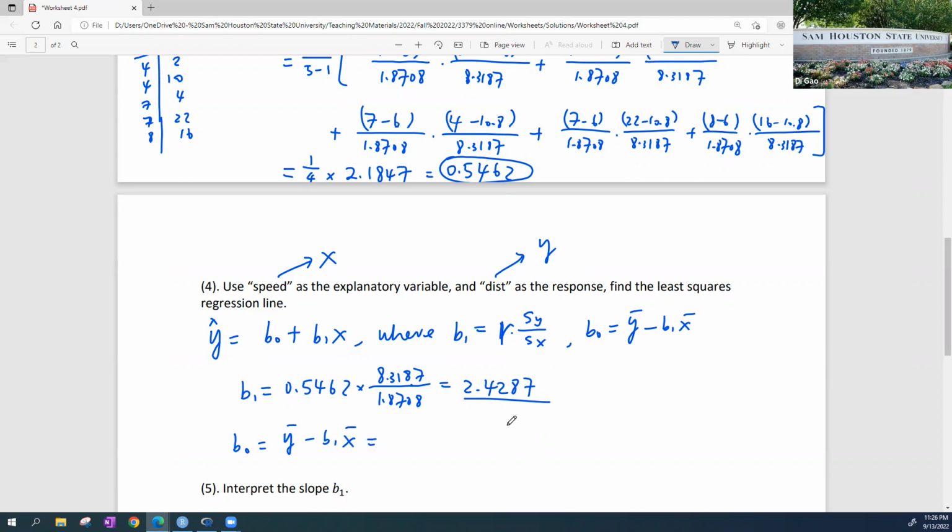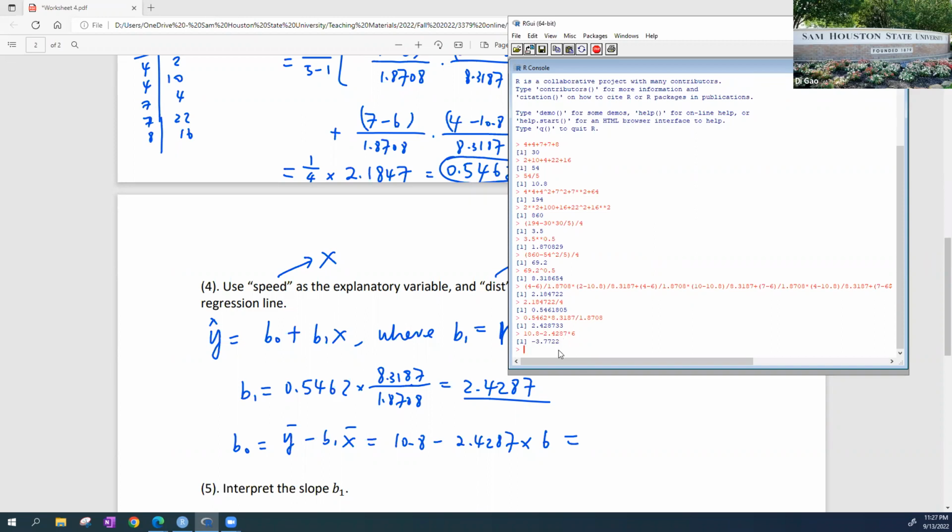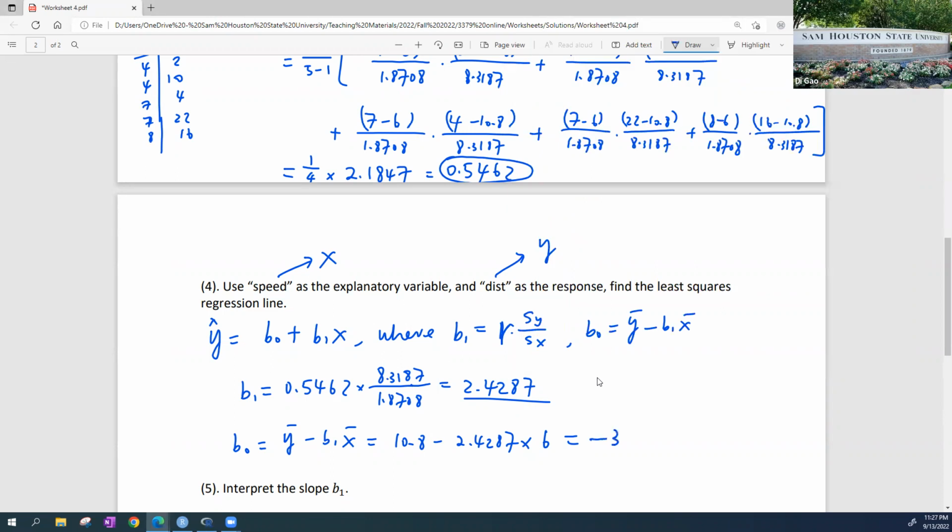So y bar is 10.8 minus b1, 2.4287 times x bar. X bar is 6. So now let's plug in. So 10.8 minus 2.4287 times 6. So negative 3.7722.